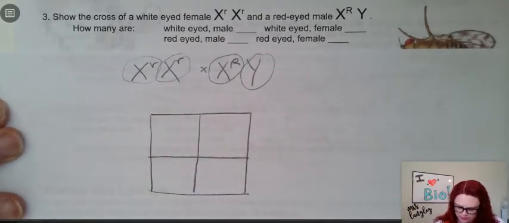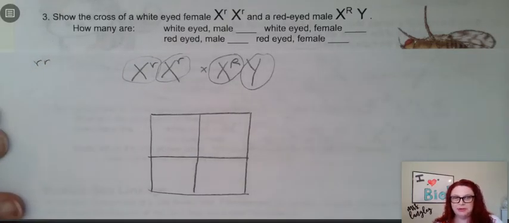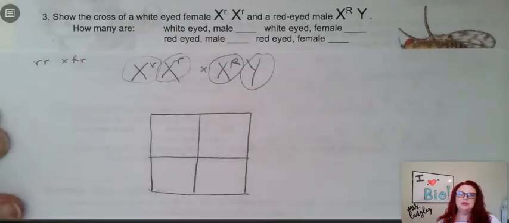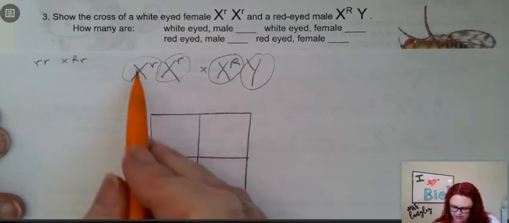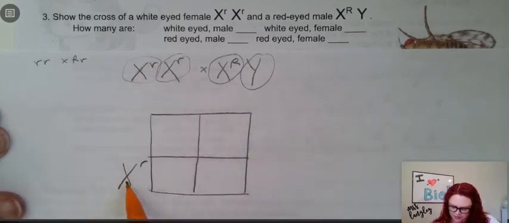Now, if we were doing this before, and I had RR, both lower cases, and I had something like this, you would know exactly what to do. In this case, it's the same. It just looks more complicated. These whole things stay together. So one gamete is X with our recessive allele.